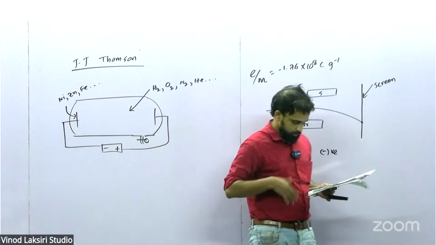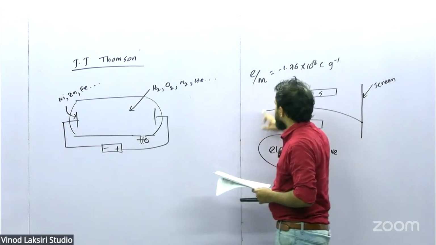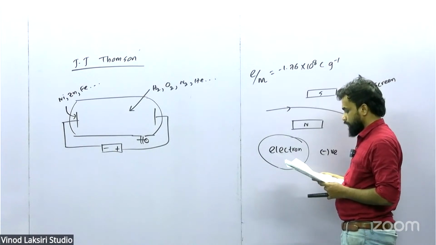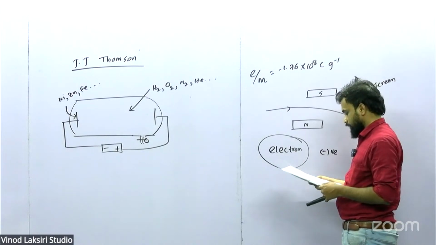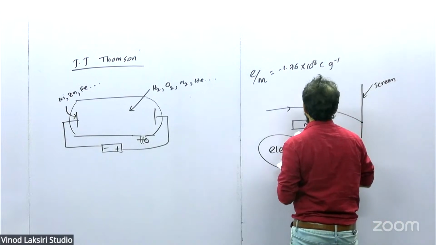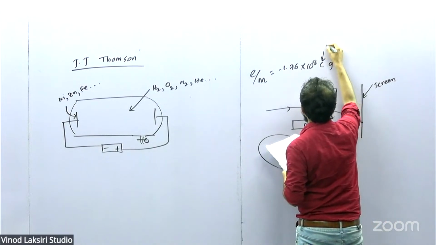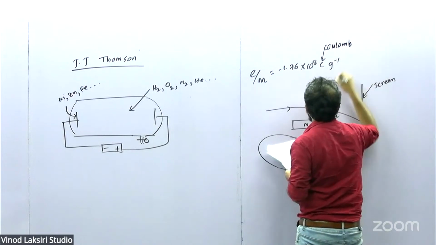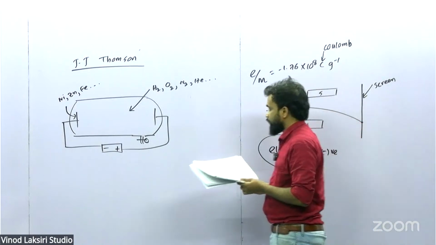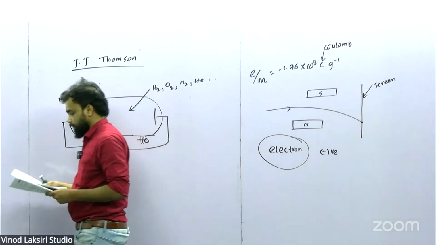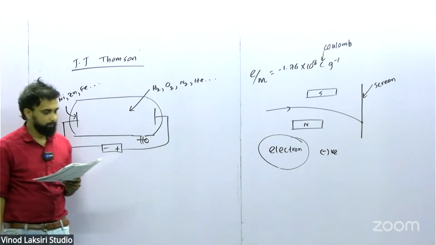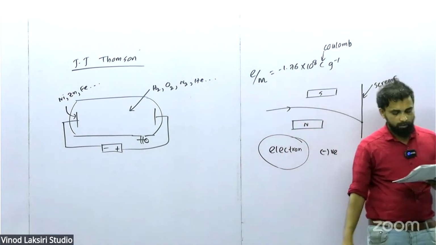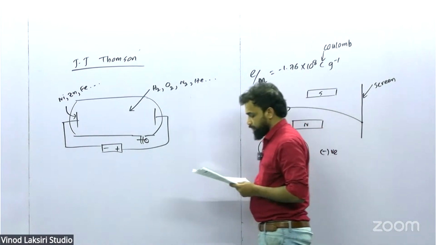It is minus 1.76 into 10 to the power 8 coulombs per gram. This C is the coulomb, the unit used to measure charge. Full stop.